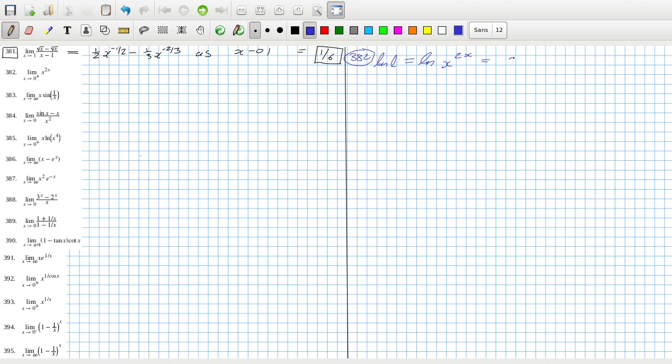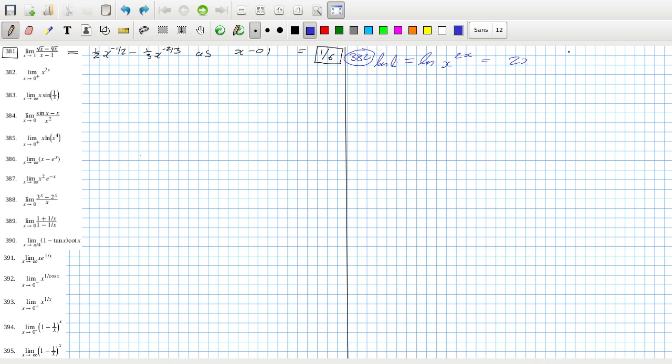So that will equal 2x times log x. Then as x goes to 0, that will become a 0 and that will become a minus infinity. But which one happens faster?